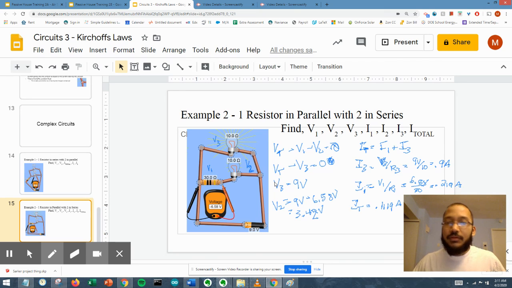So I did I1, I3, I total, and now I2. How do you relate I2 to this? Well, there's no split along this branch, so I1 is actually equal to I2. So this right here is equal to I2.